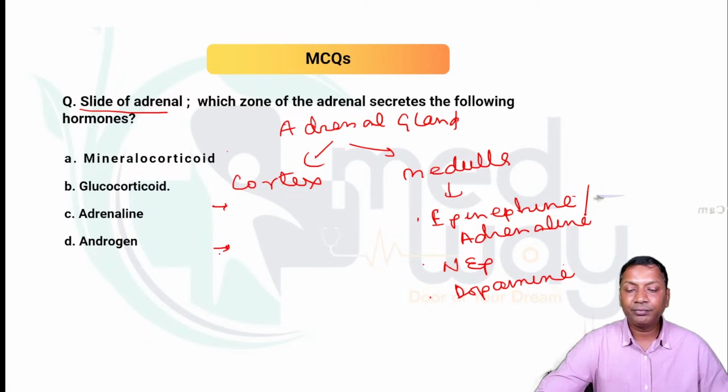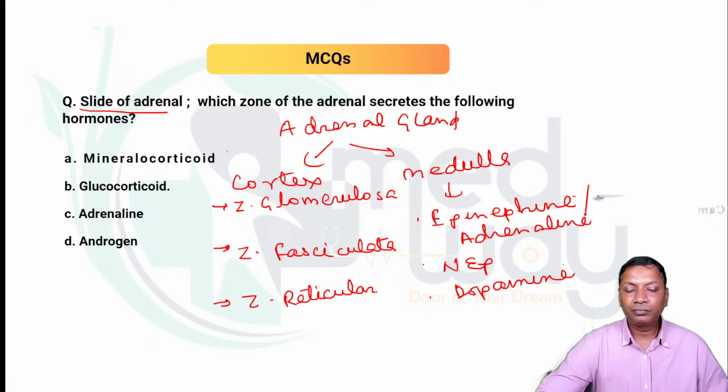The cortex has three layers. One is called the zona glomerulosa, the second is the zona fasciculata, and the third is the zona reticularis. The zona glomerulosa will produce the hormone mineralocorticoid.